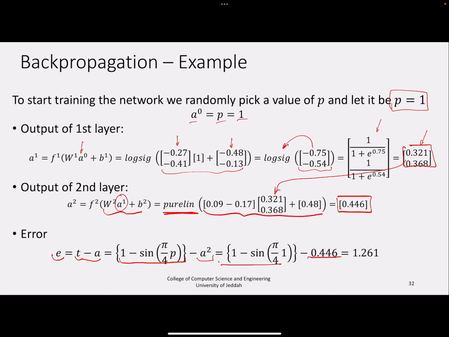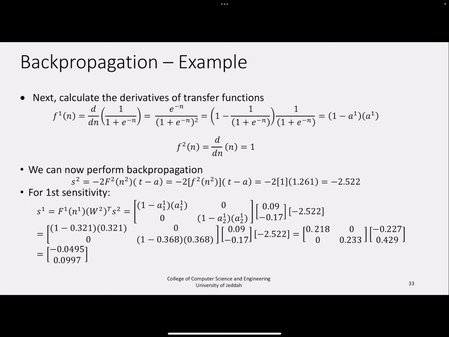The difference between these two happens to be 1.261. Just a note again, this is not A squared, this is the output from layer number 2. I know this might seem a little tricky, but you have to understand from context when a superscript is denoting an exponent and when it is denoting a layer index.